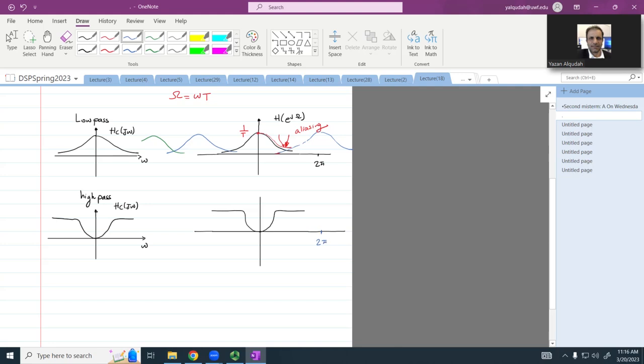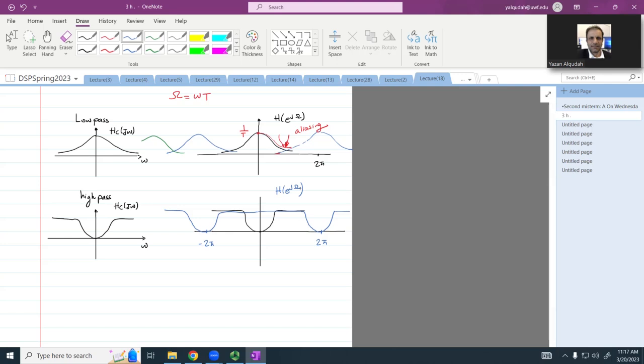So let's say at 2 pi, this shape repeats. At negative 2 pi, this shape is going to repeat. What's happening here? The aliasing is distorting completely, destroying the filter.